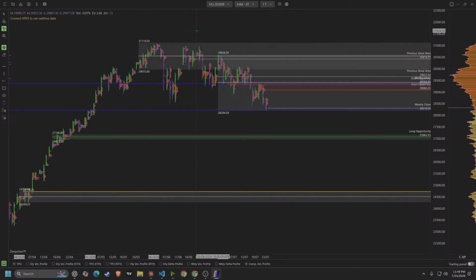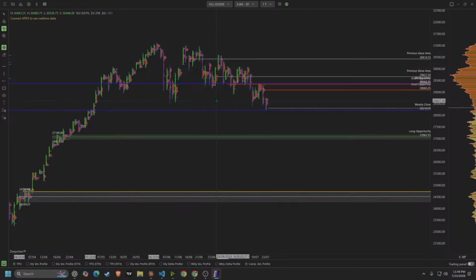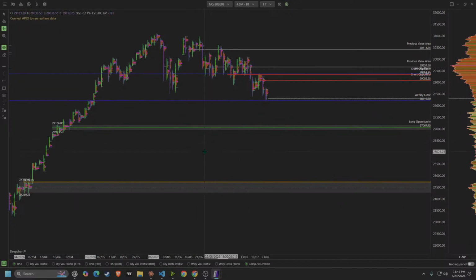We've tapped into that range multiple times, just a little bit lower every time. So all that looks good. All that looks really good.